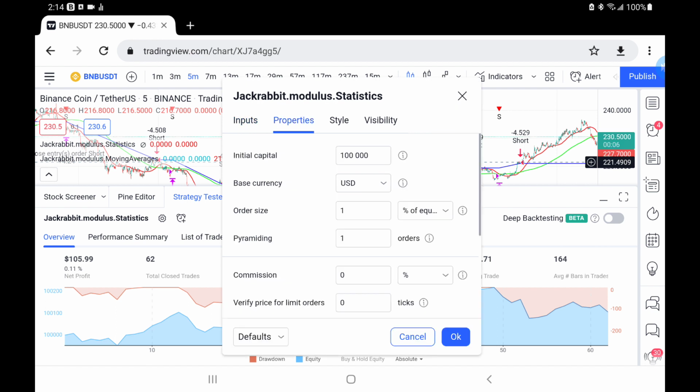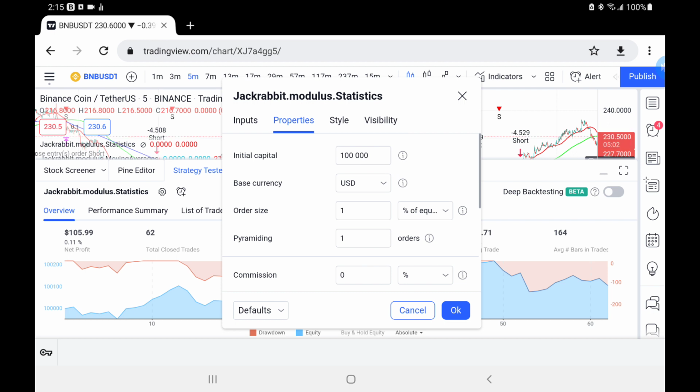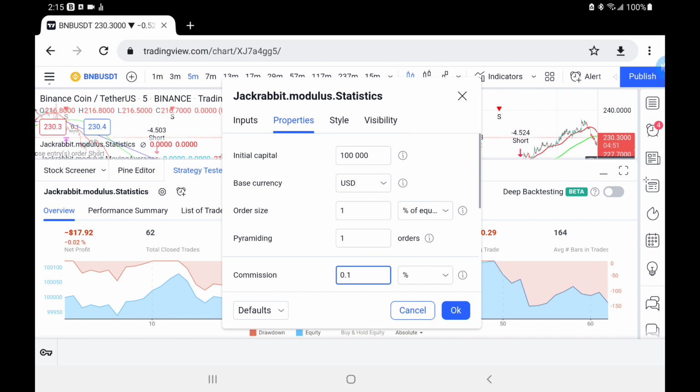You have to take into account your trading fees. Even if you have an insanely low trading fee, it still has an impact. You have to look at your trading fees.